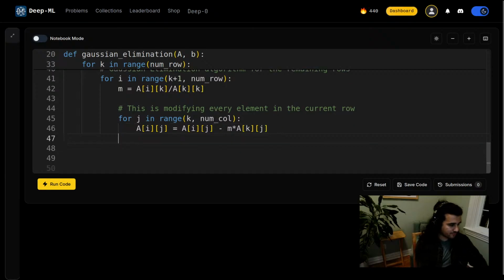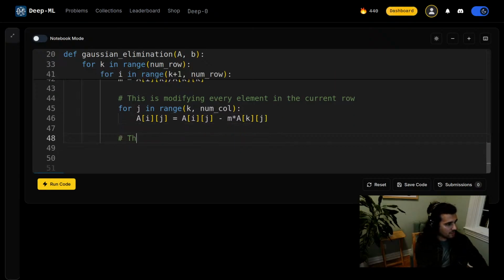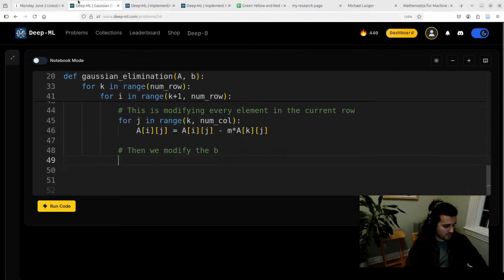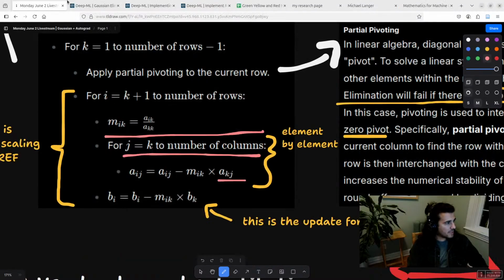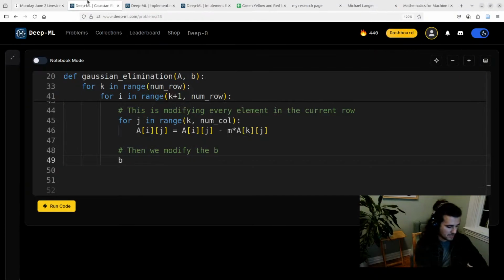Then we modify the b, and we're doing this the same way. So b at i equal b at i minus m i k.